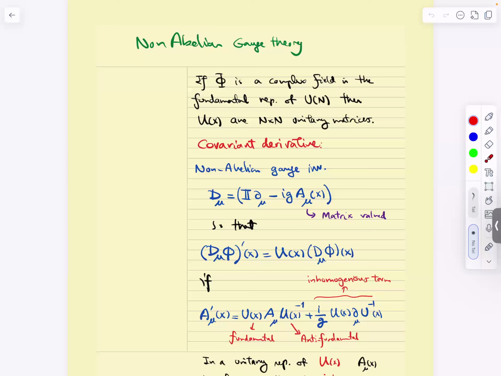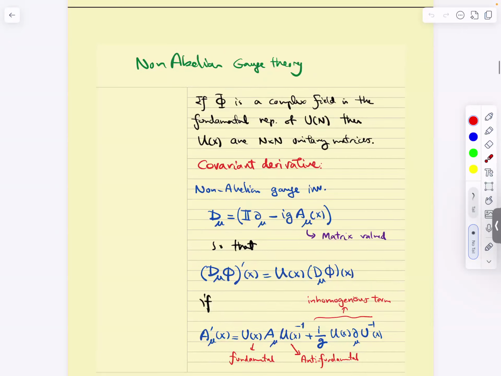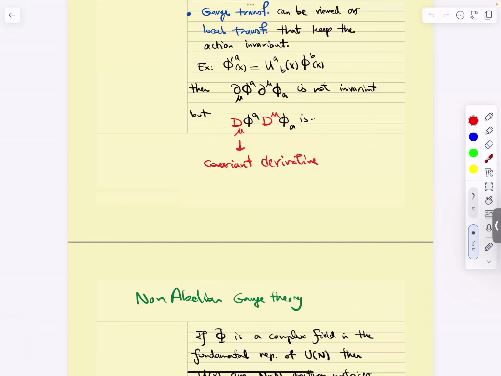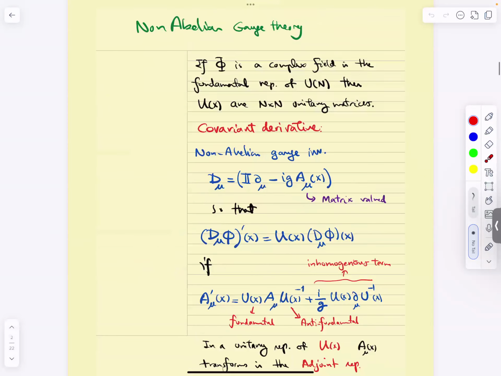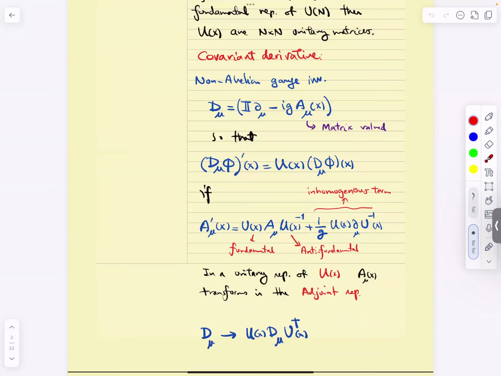So u fundamental on the left, u dagger anti-fundamental on the right, and then this extra bit, then the covariant derivative transforms this way, right? And now it's pretty obvious that D mu phi is invariant, right? So now the covariant derivative just transforms nicely as a matrix, it transforms in the adjoint representation. This is precisely why we introduce a gauge field. This is the raison d'etre of the gauge field.